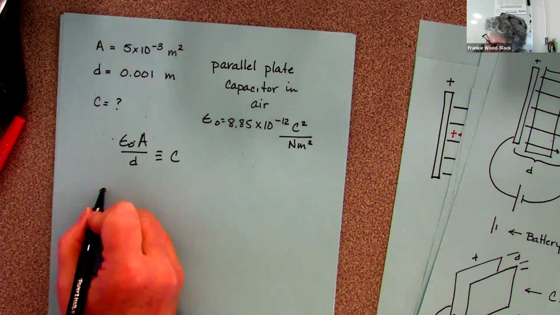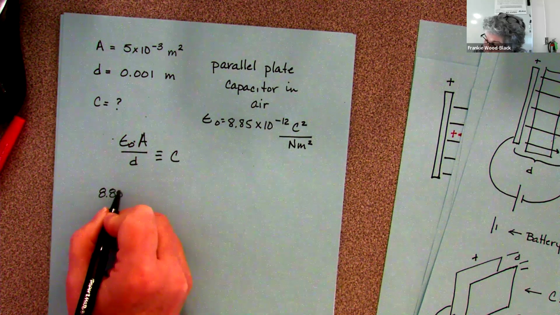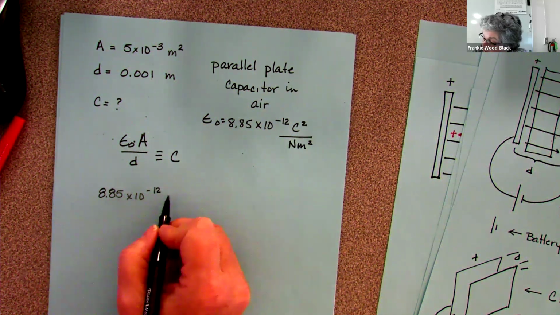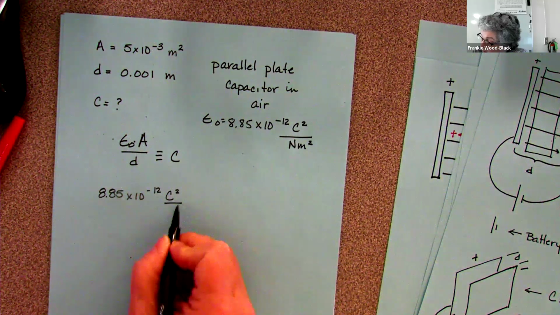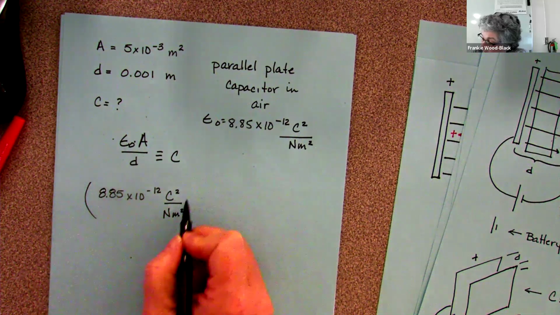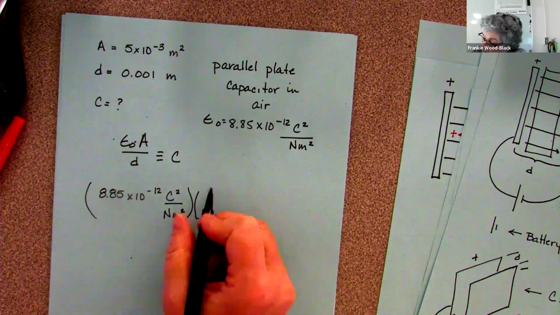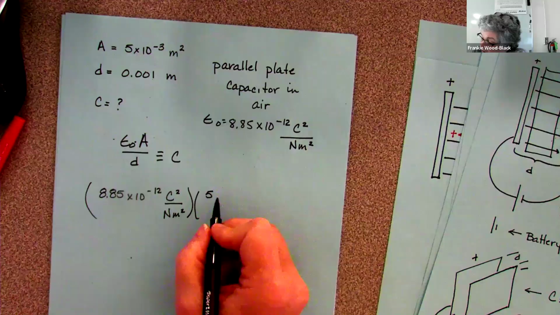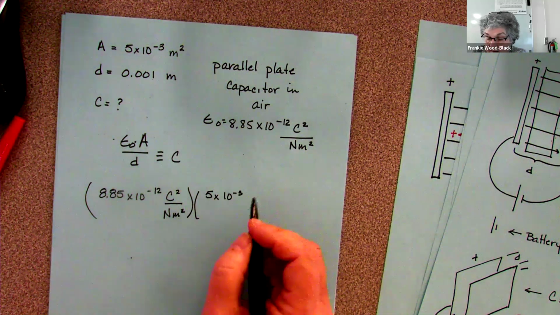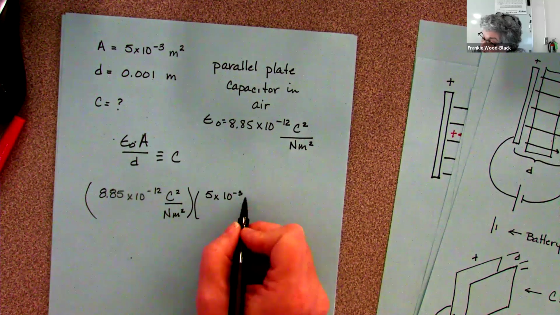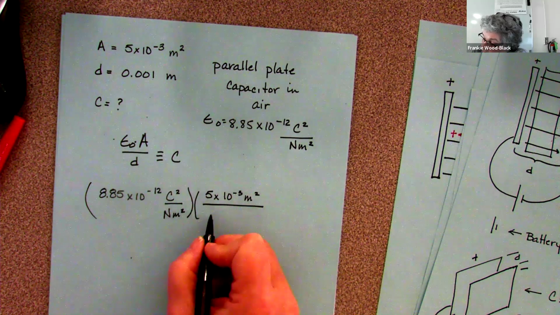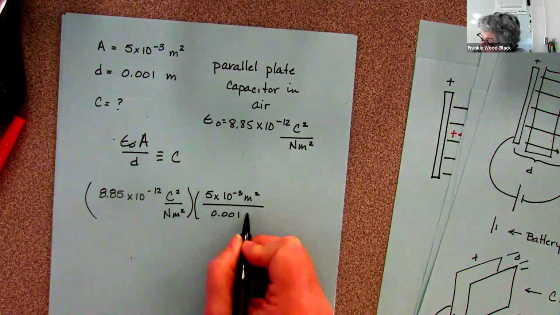So I'm going to do my 8.85 times my 10 to the minus 12. And I've got my coulombs squared, Newton meters squared. My area is 5 times 10 to the minus 3 meters squared divided by 0.001 meters.